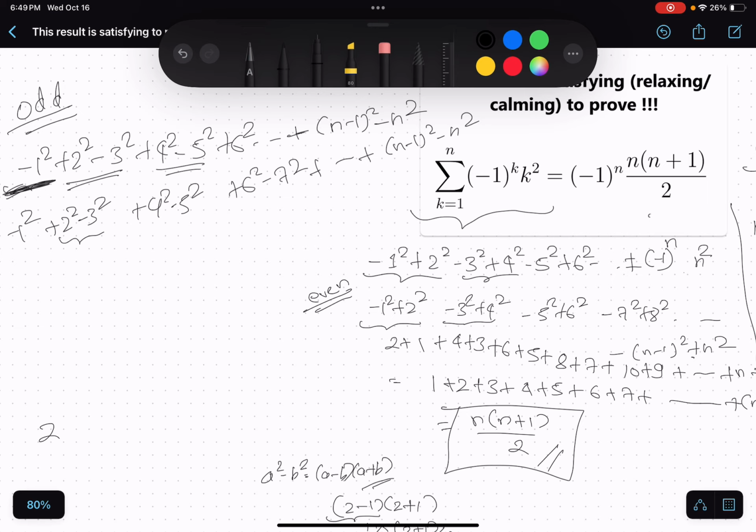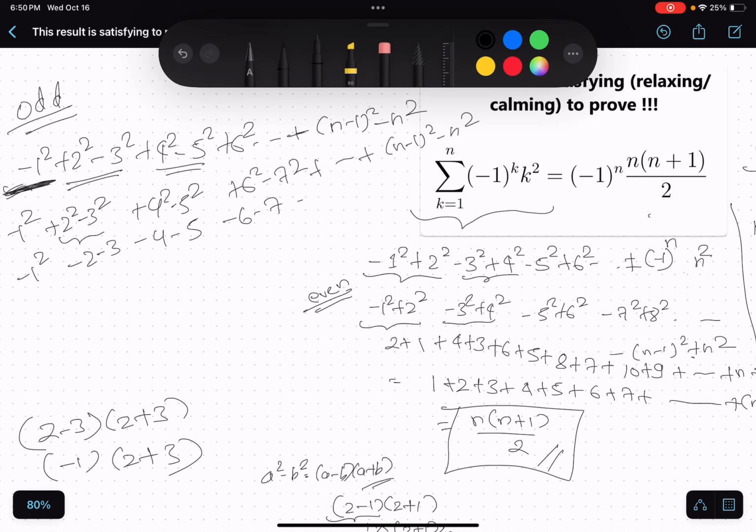Over here, it's 2 minus 3, it's 2 plus 3, so we will have a negative sign times 2 plus 3. So that's minus 2 minus 3. Over here also a negative sign times 4 plus 5, so that's minus 4 minus 5. Over here it's minus 6 minus 7.